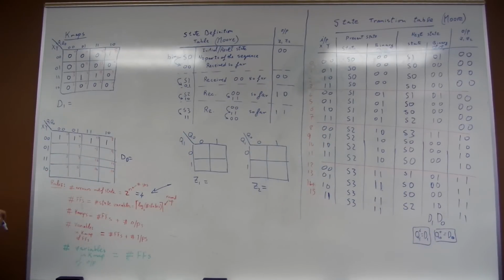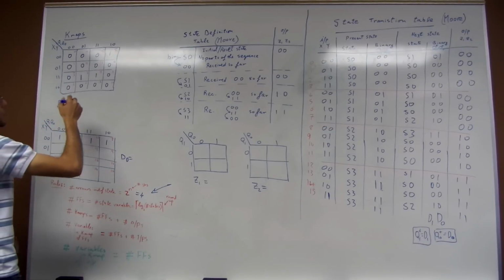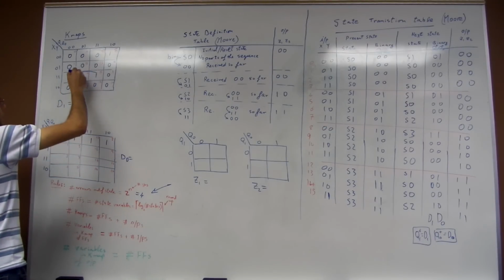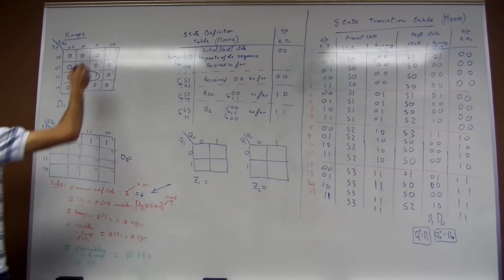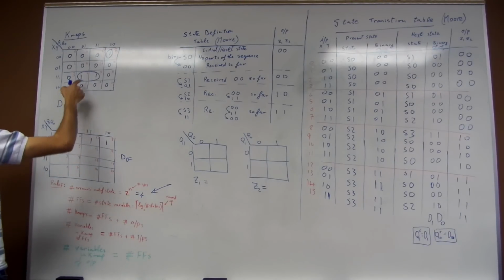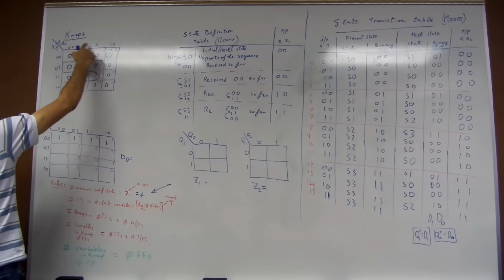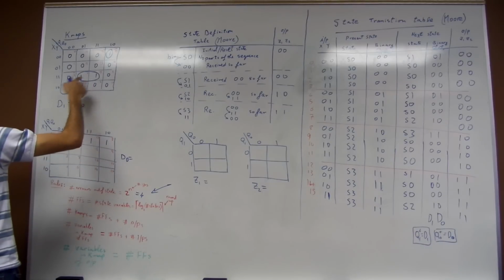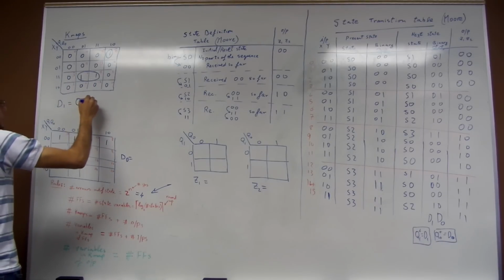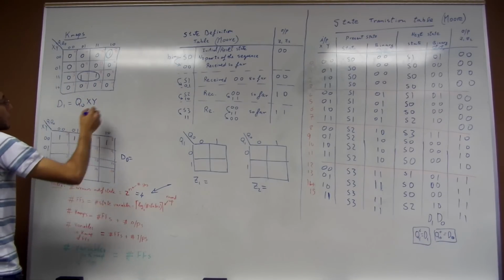Okay, so let's write down the equation. How do we do the K-map for this one? We can circle these and then circle this one. So this becomes Q0 is constant, and X, Y are constants, and they're ones.